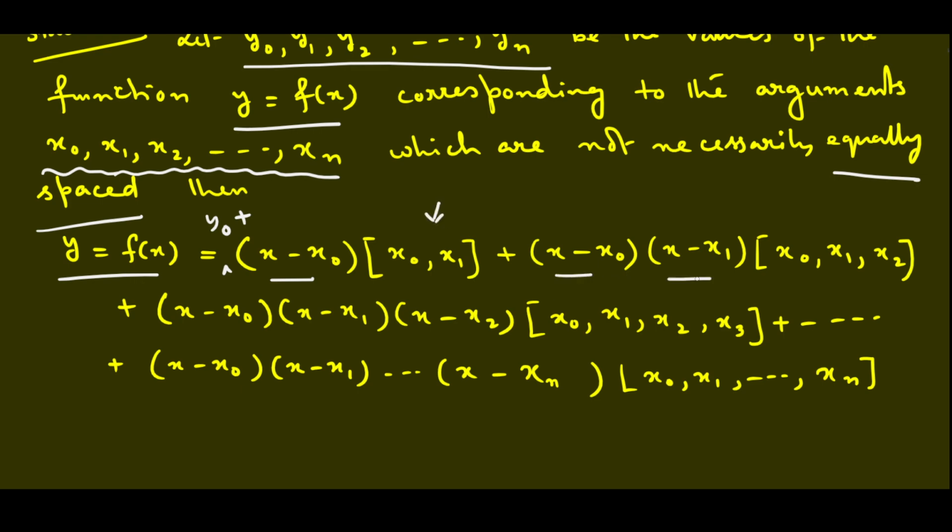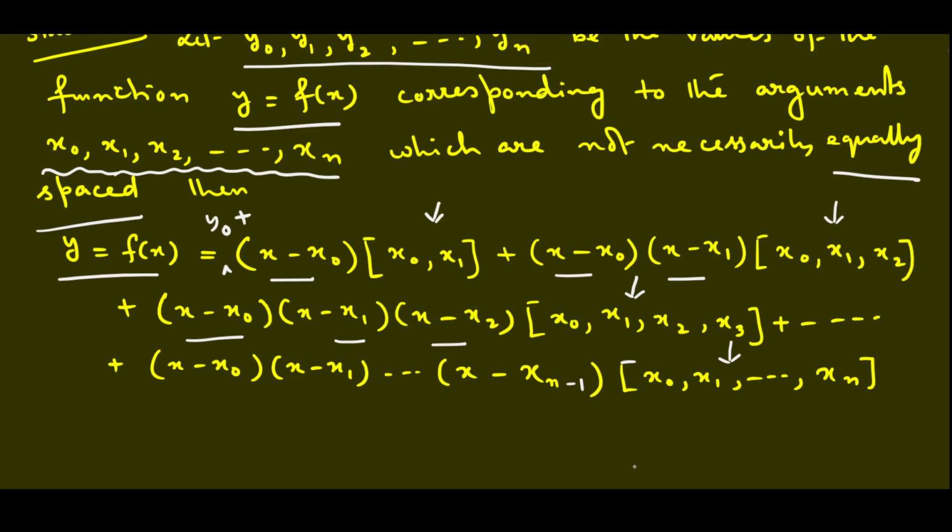If we are writing two factors, then second divided difference. In the same way, if we write three factors, then it will be a third divided difference. So in the last term, we are writing n factors. So it will be n minus 1. So if we are writing n factors, this is your nth divided difference.